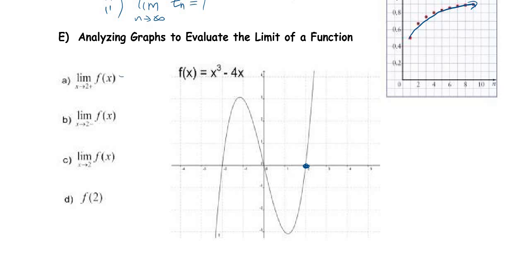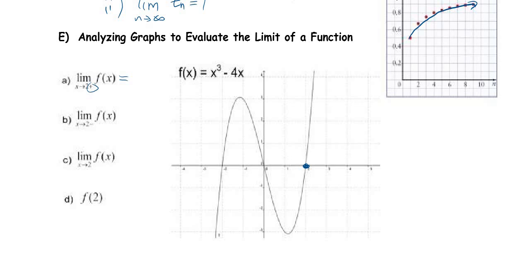So the first thing it's asking us is the limit as x approaches 2 from the right. And again, we have this little plus sign just next to our 2, which means the right-handed limit instead of a positive 2. If the plus sign is before the 2, then it's a positive 2. If there's no sign, we're just talking about the general limit. If it's on this side, it means that we're talking about the right-handed limit.